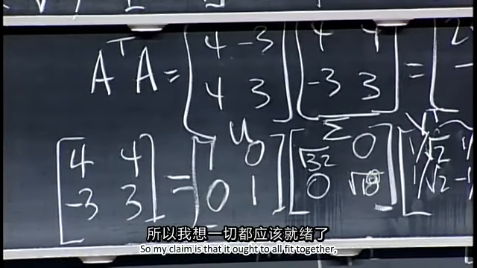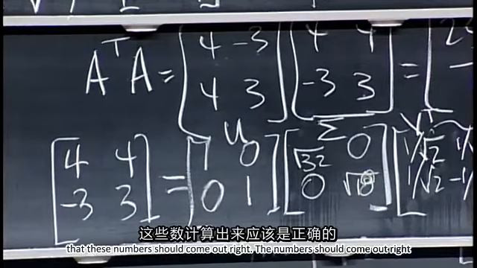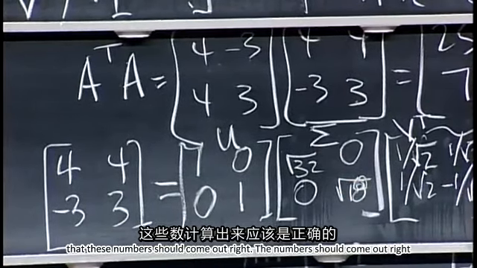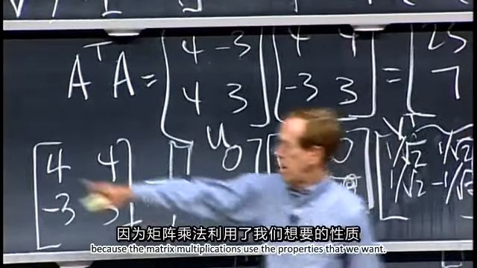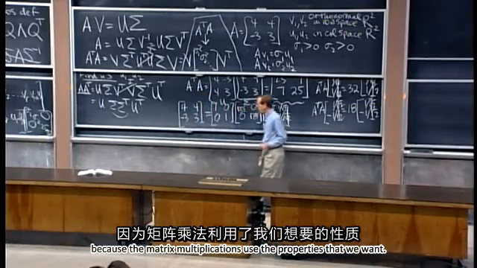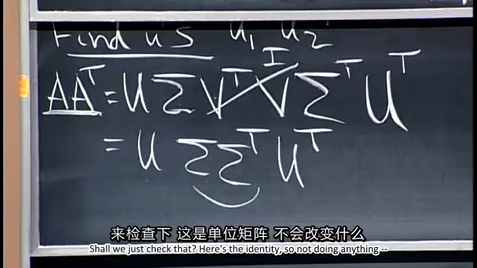So my claim is that it ought to all fit together. That these numbers should come out right, because the matrix multiplications use the properties that we want. Okay, so we just check that.